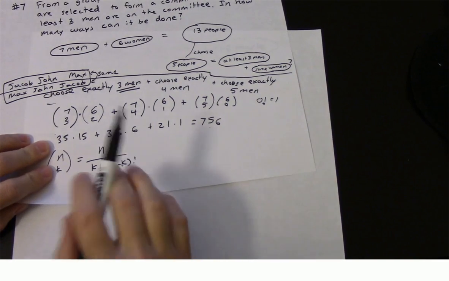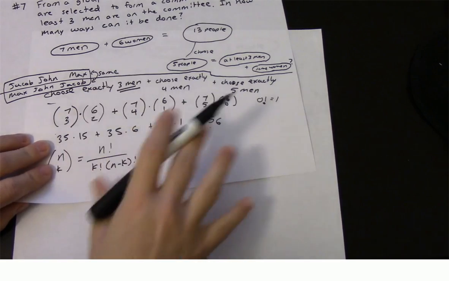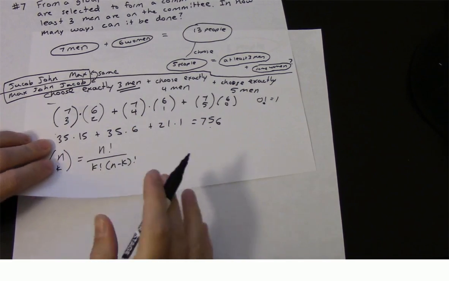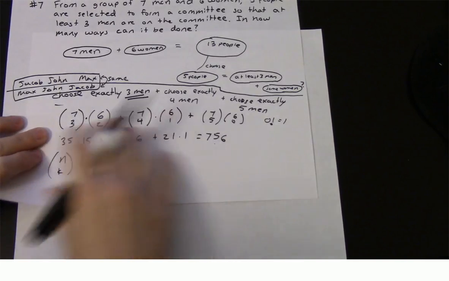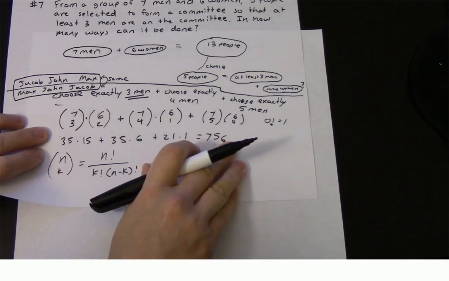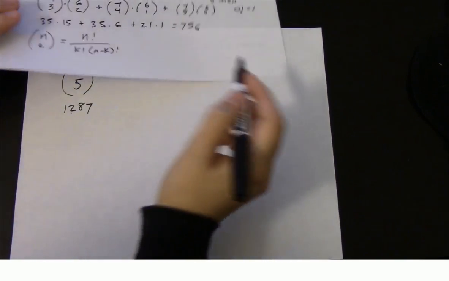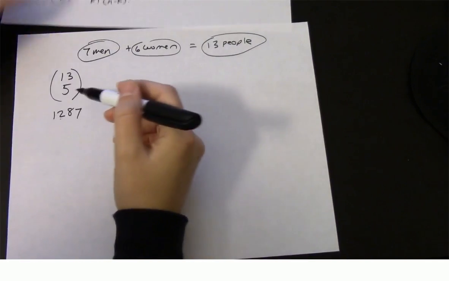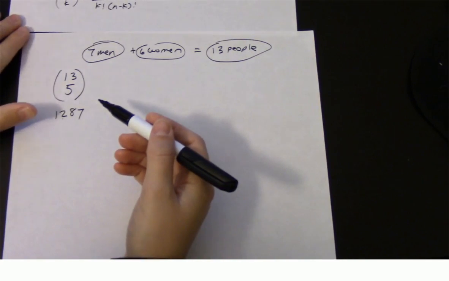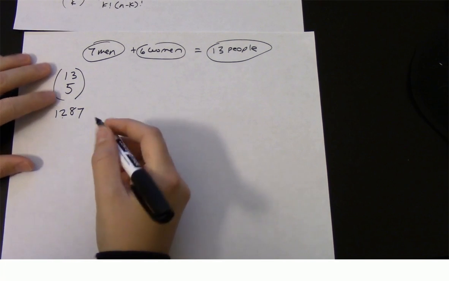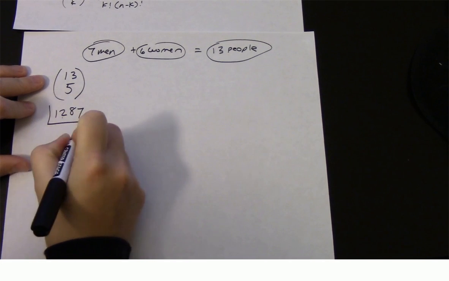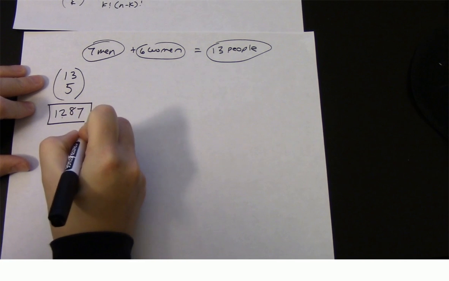Could we use this to get to this answer? Yes. We could go around this problem slightly differently. If this is not that intuitive to you, maybe thinking about the total number of committees might help. So there are 1,287 total committees.